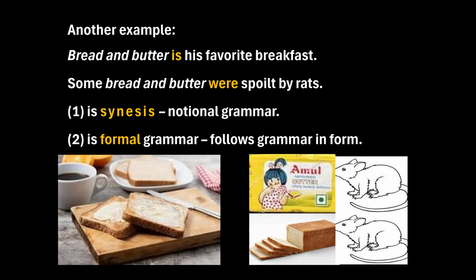If you can understand the picture, it will give you a clear idea why we are using synesis or singular verb in the first case and why we are using formal grammar or plural verb in the second case. Look at the picture carefully and then we will explain, because this is a better example, it is easier to understand.